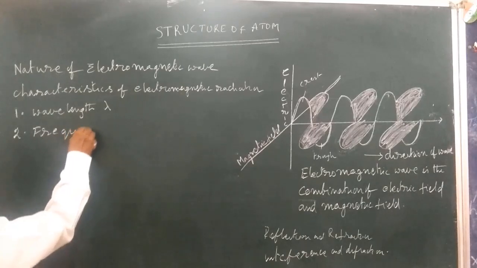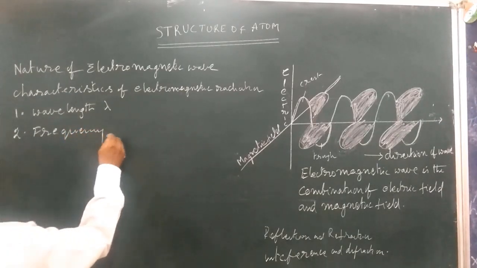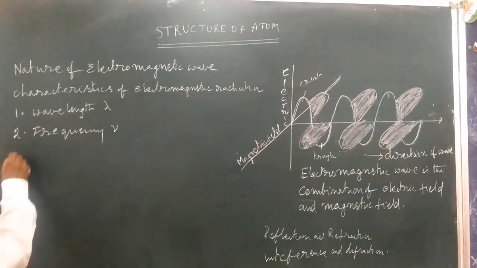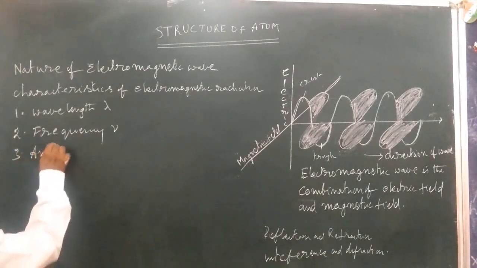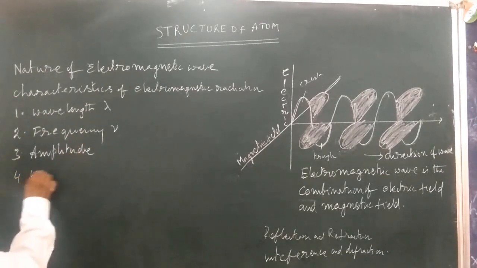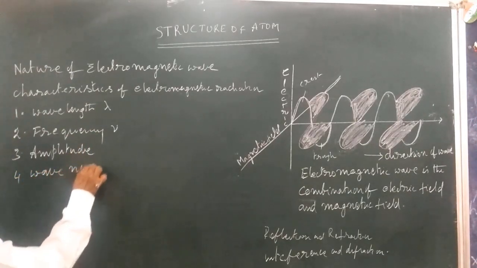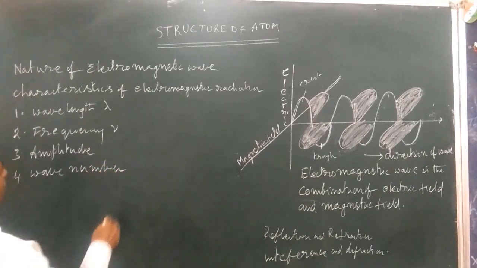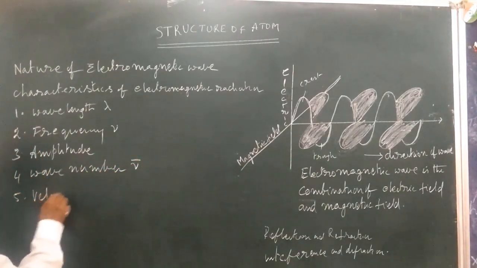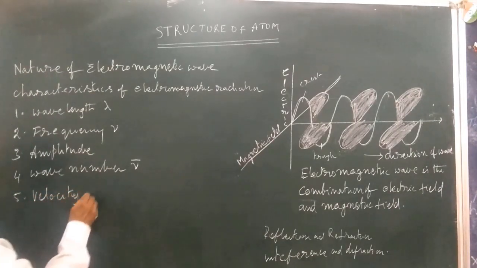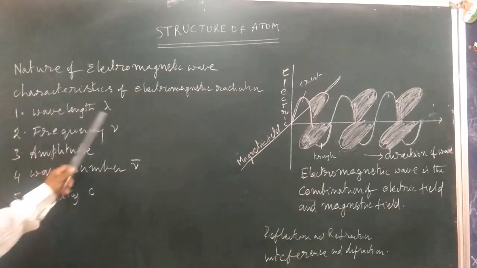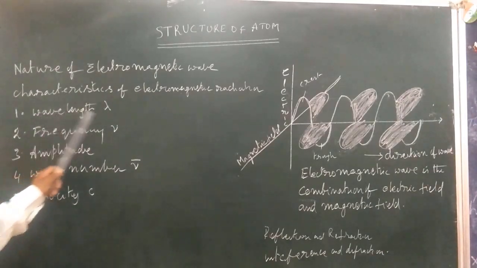Frequency, denoted by nu. Amplitude. Wave number, nu bar. And velocity, denoted by small c. Now let us discuss each and every one of these characteristics.